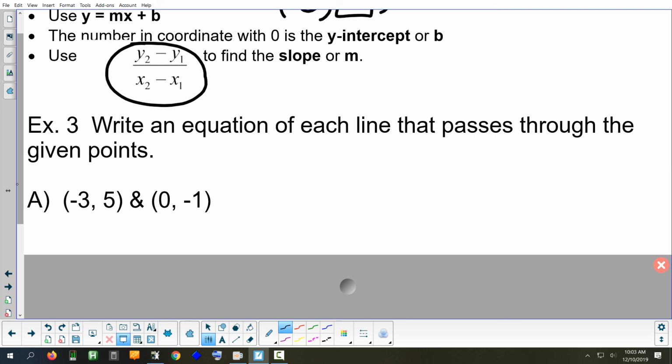Kayla, even though we don't know the slope and the y-intercept yet, how is the equation of the line going to start? What's going to be the very first thing in the equation? Like in your final answer. It's going to be the same as the final answers we've done for the last few problems.